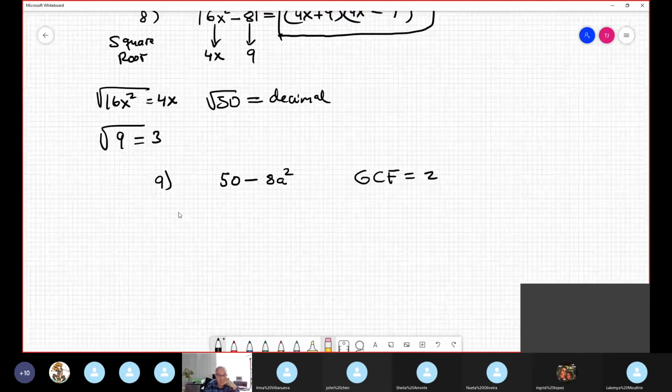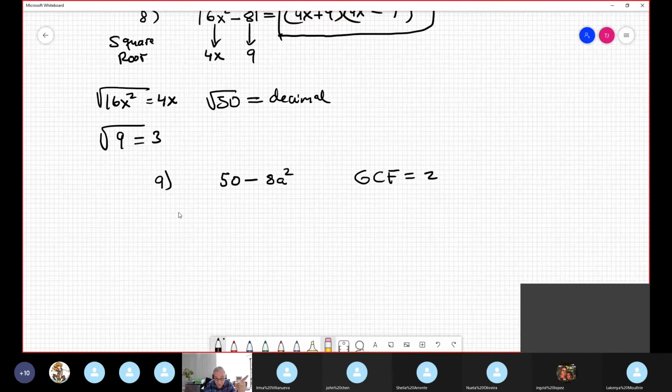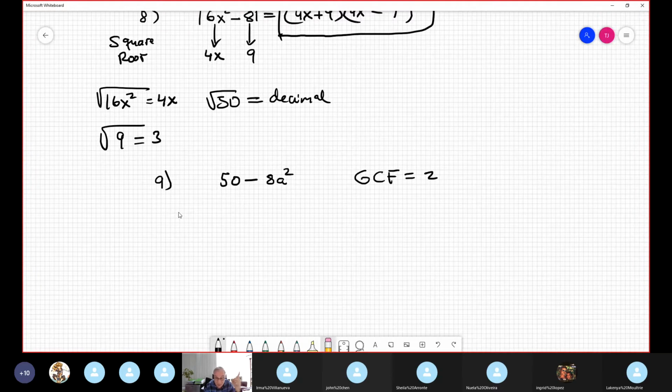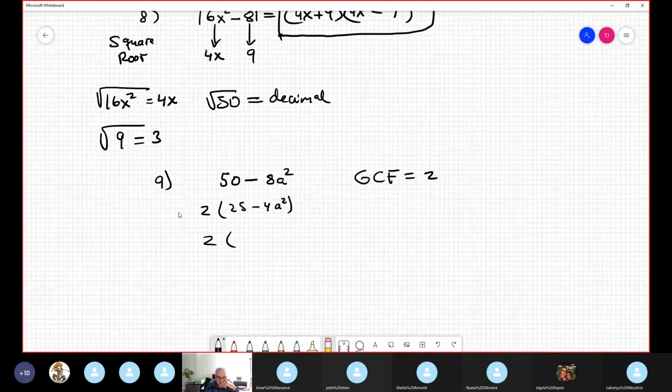2 is the GCF. So you factor out the 2. If you forgot to factor the GCF first, you are in big trouble. You complicate your life. So you factor out 2, you have 25 minus 4a squared, and you focus on that part. It's obviously a difference of squares.